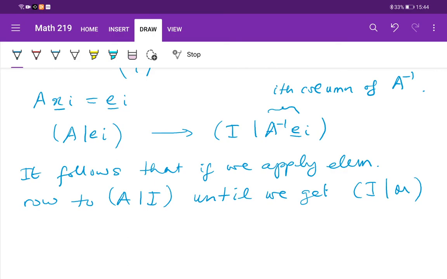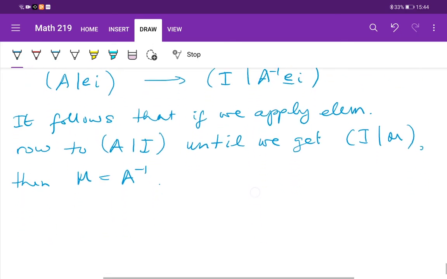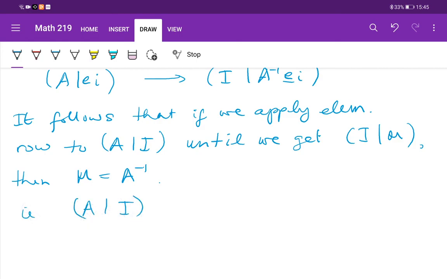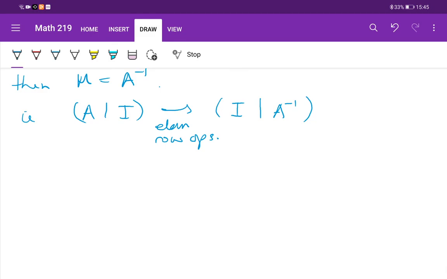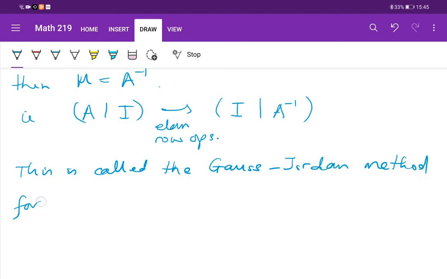So M must be A inverse. We call this the Gauss-Jordan method for computing A inverse.